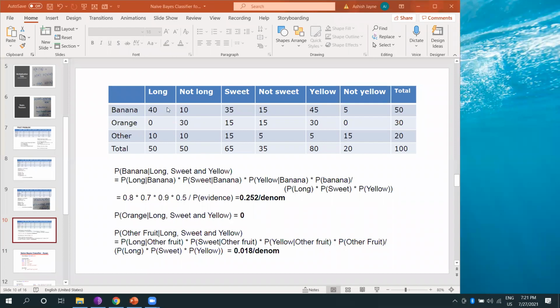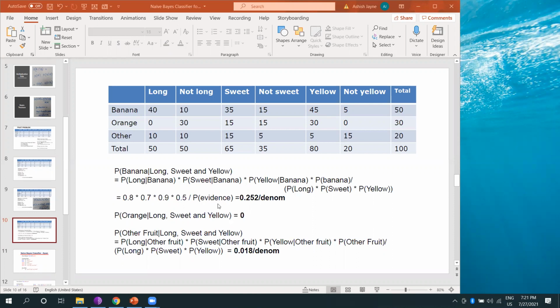Banana long is 40 by 50, 40 by 50 is 0.8. P(sweet | banana) is 35 by 50, which is 0.7. And P(yellow | banana) is 45 by 50.